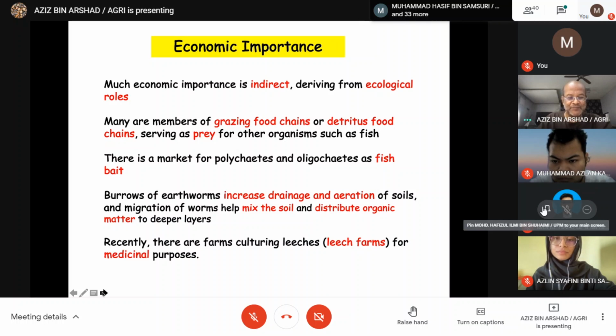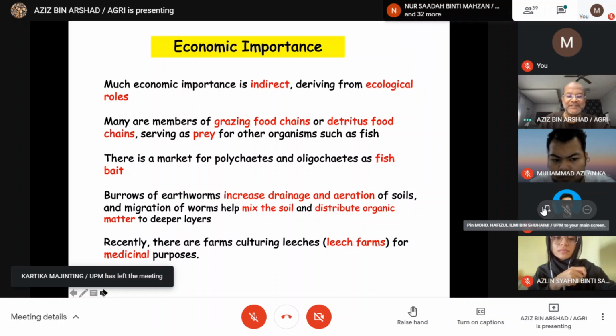And the burrowing activity of earthworm, as we all have been told earlier during the early education stage, will increase the drainage as well as the aeration of the soil and make the soil more fertile. So mixing of the soil and distribution of organic matter to deeper layers help with the improvement of soil fertility.